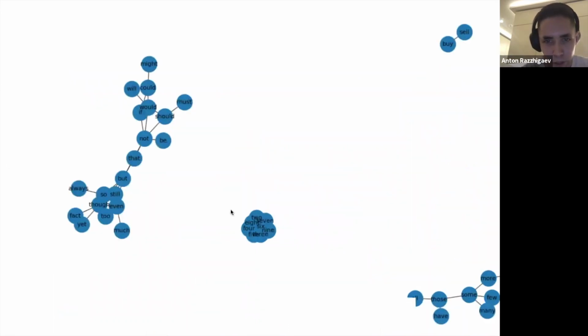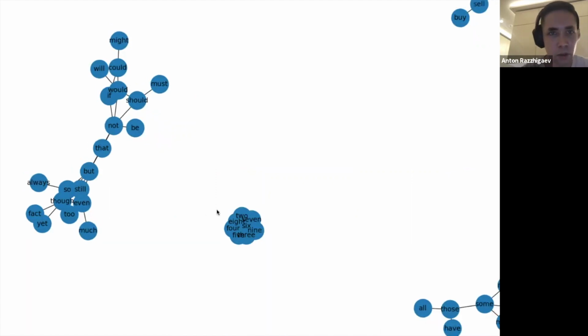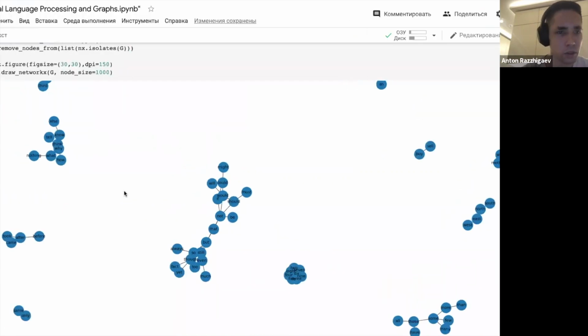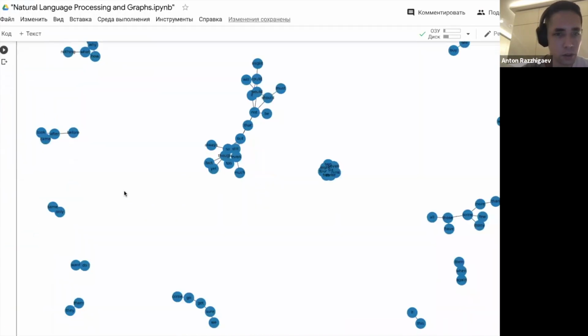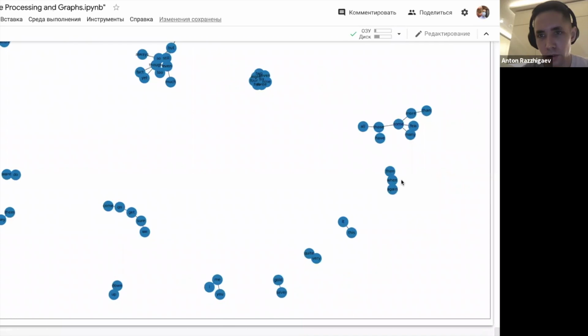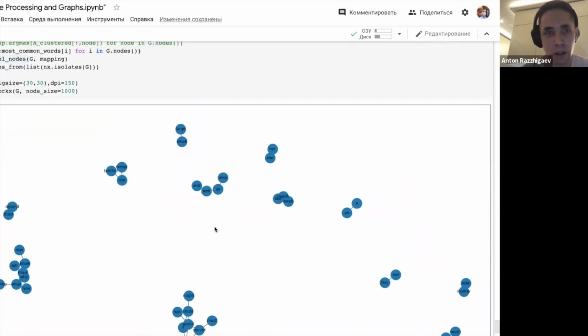For example, here is a cluster of numbers. They're very similar to each other according to word-to-vector linear space. Here is some modular verbs. Here are some words also. So definitely there is some graph structure here.